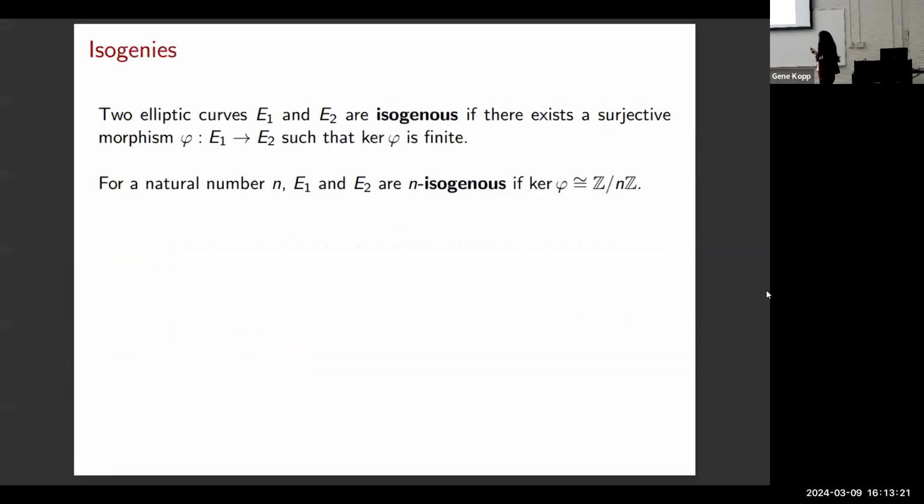So let's look at the definition of isogeny, because we are going to do this classification for elliptic curves which are isogenous to each other. So in that case, you have a morphism from one elliptic curve to the other, and the kernel is finite. We are going to consider n-isogeny, or two elliptic curves are n-isogenous if this kernel is a cyclic group.